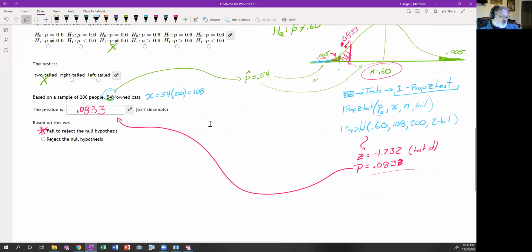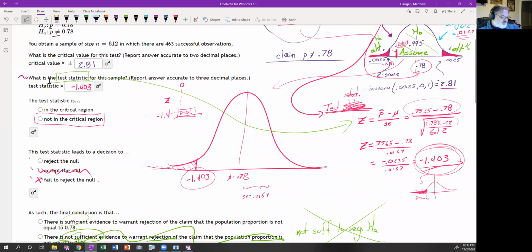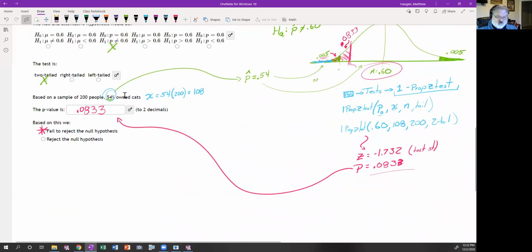So we could have done all of that down here. We also could have found this test statistic using the p-value tool, because as you saw, it gives us both of them, because it might as well, it's the same information.